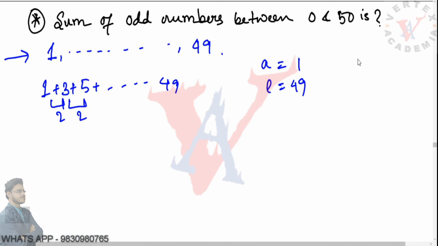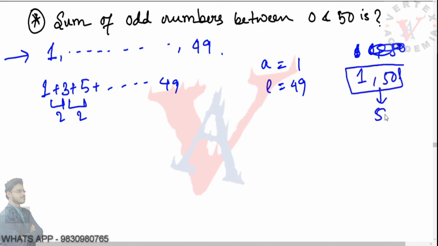So you can see that between 1 and 50, there are total 50 numbers, right? Now between the 50 numbers, the first is odd, second is even. The next is odd, the second is even. So basically, between these 50 numbers, the number of odd equals the number of even.